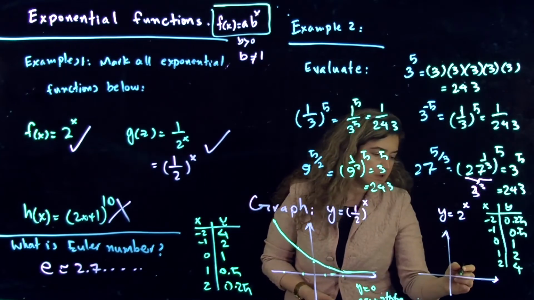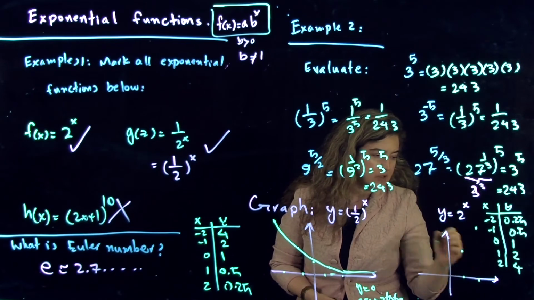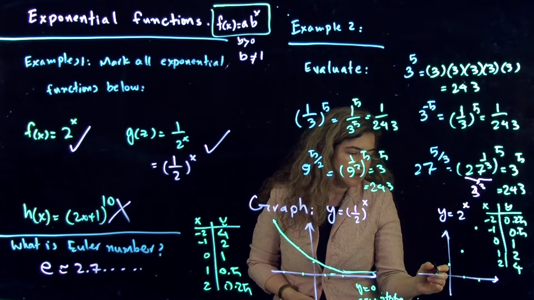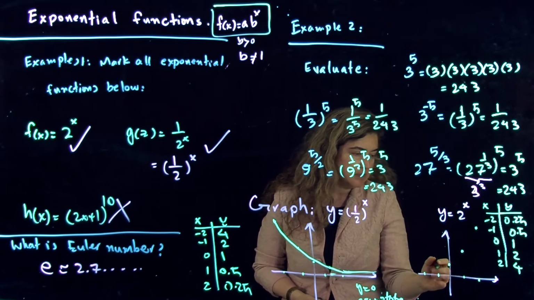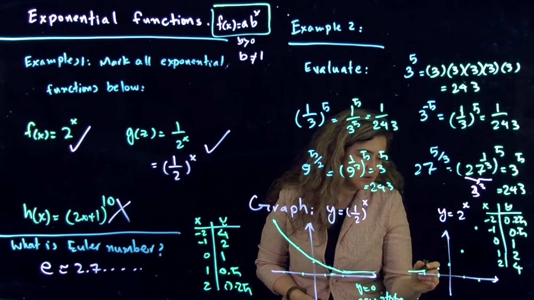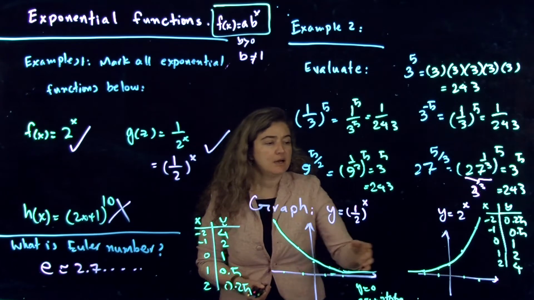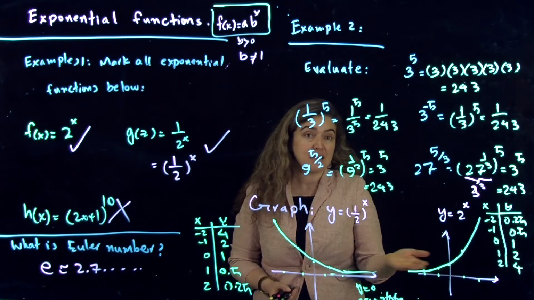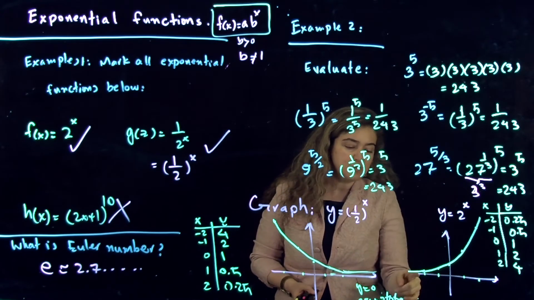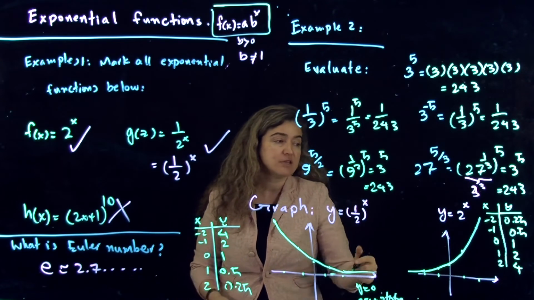And so at 2 we have 4 up here, at 1 down here, at 0 down here, at negative 1 it's 0.5, at negative 2 it's 0.25, and then even smaller. So it looks like that. This one, as x grows, y grows, and there's a y asymptote. This time the asymptote is to the left.